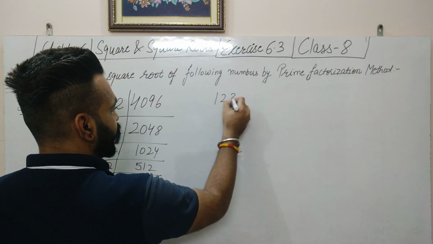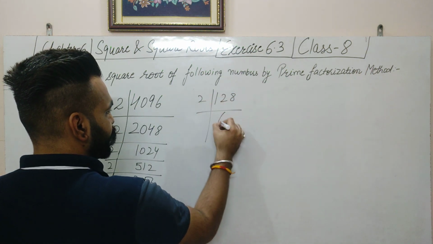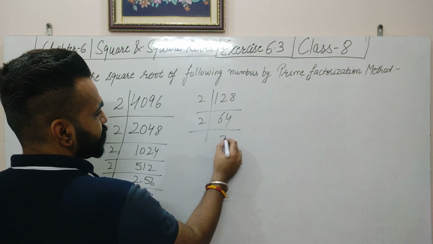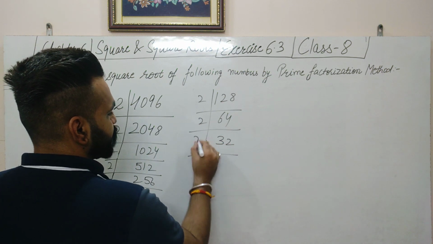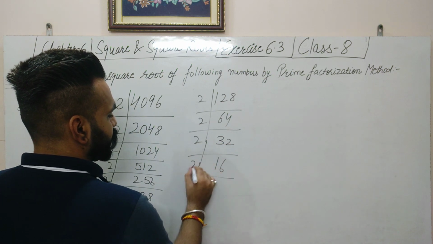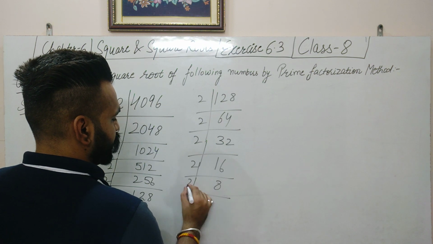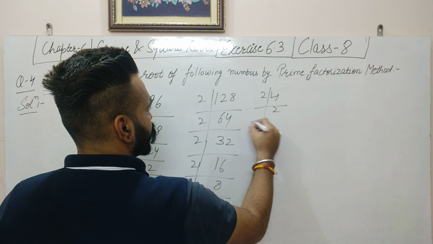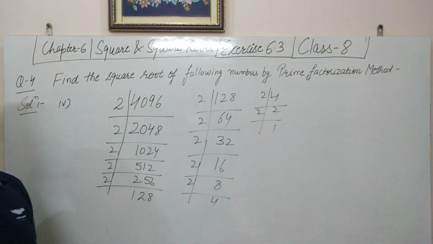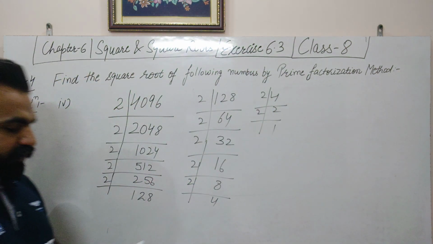So now 128 can be written as 64. This is 32, this is 16, 8, 4, 2, 2, 1. So this is the prime factorization of 4096.